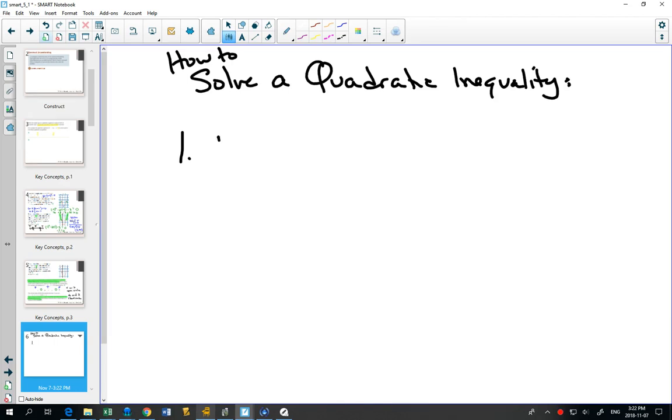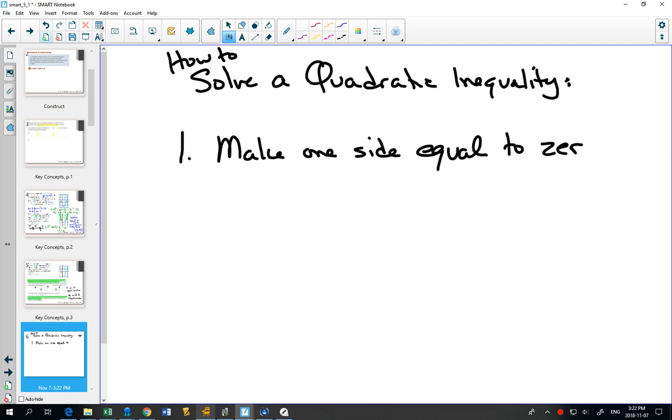Step 1, we make one side equal to 0. Step 2, you solve it like a normal quadratic equation.